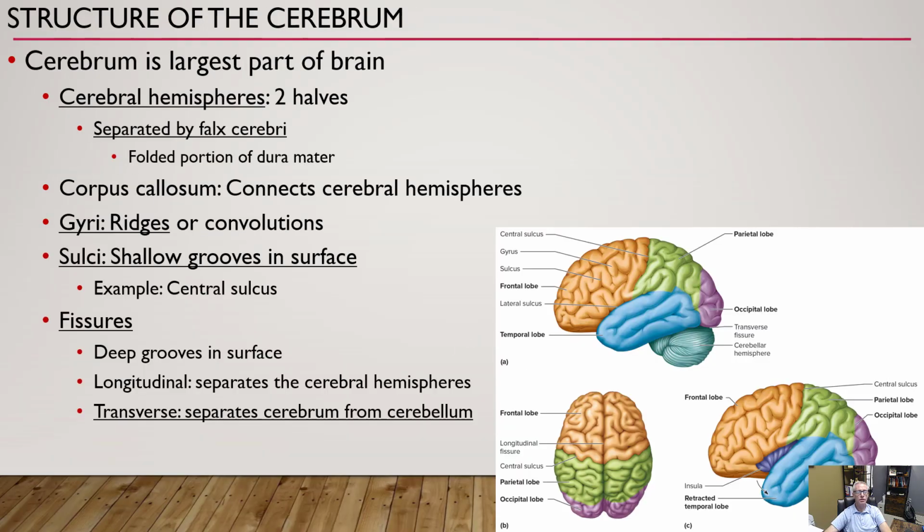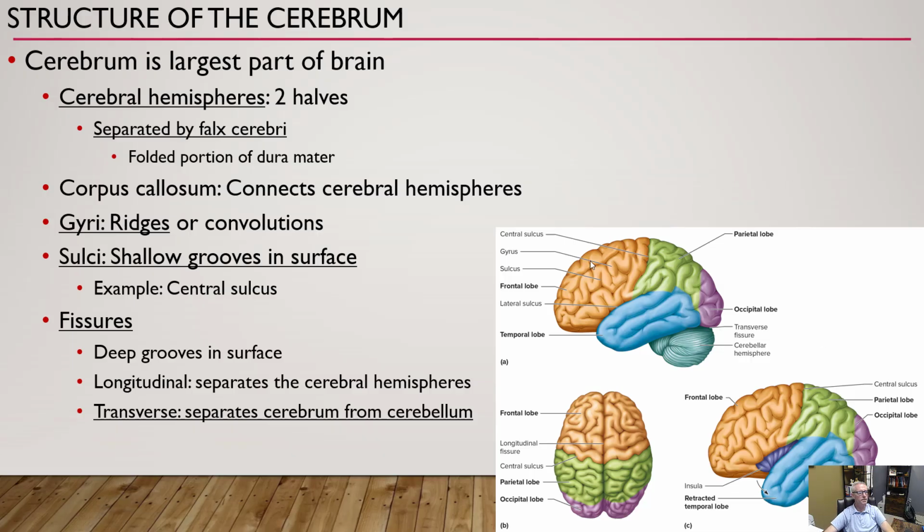All right, so cerebrum, biggest part of the brain. All of your lobes of the brain. We actually divide that cerebrum into two halves. We call those the hemispheres, the cerebral hemispheres. It's separated by this structure called the falx cerebri. It's not shown on this picture because you would have to dissect the brain down and open it up.